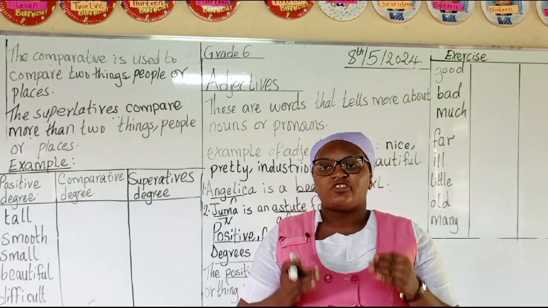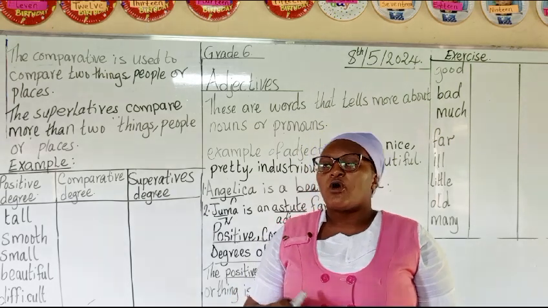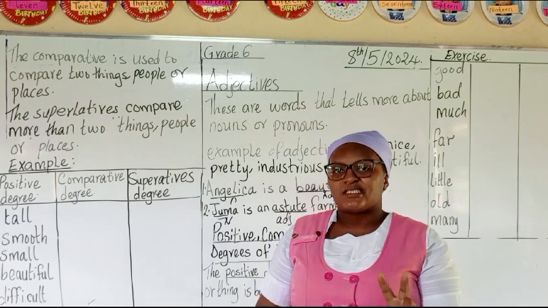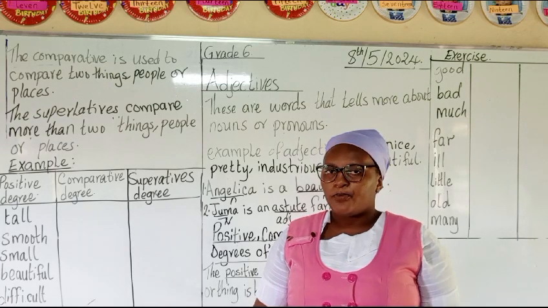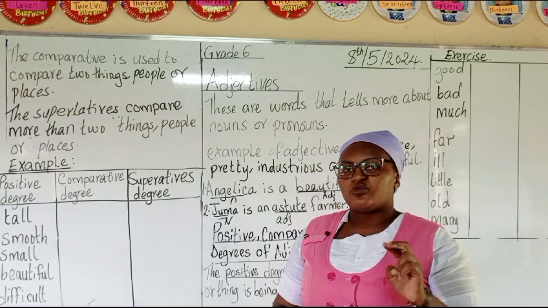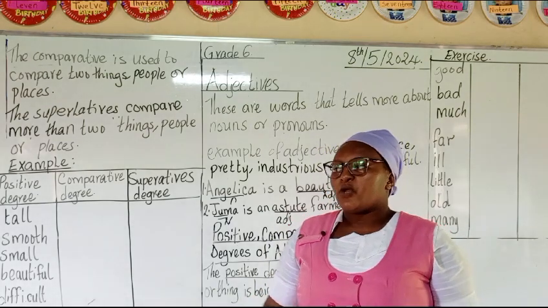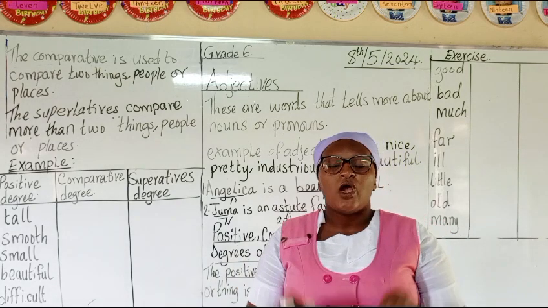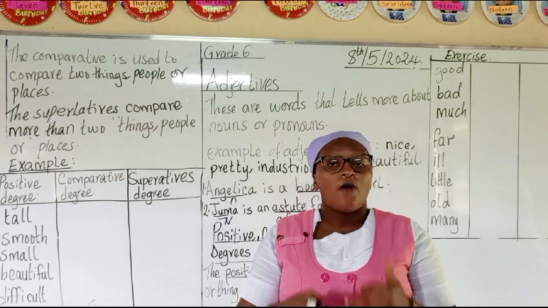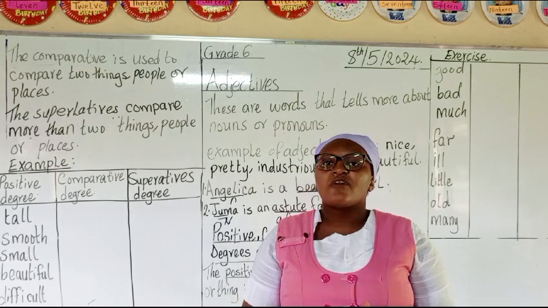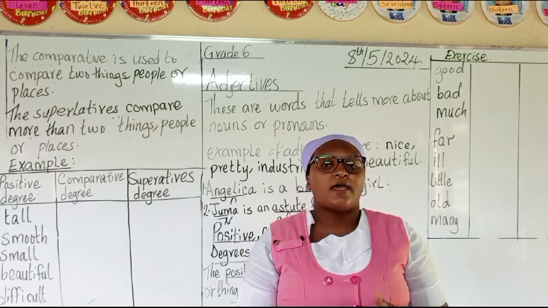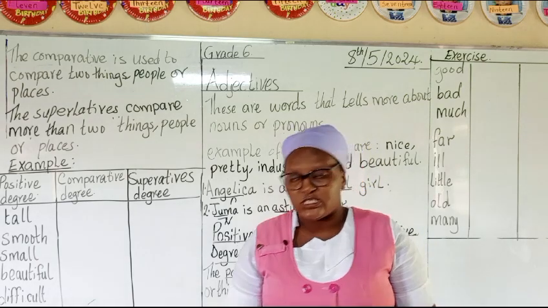Then you can use adjectives when you're comparing two places, two people, or two things. That one we refer to as comparative. Then we have adjectives that we use when comparing more than two people, more than two places, more than two things. These adjectives, we refer to them as superlative.